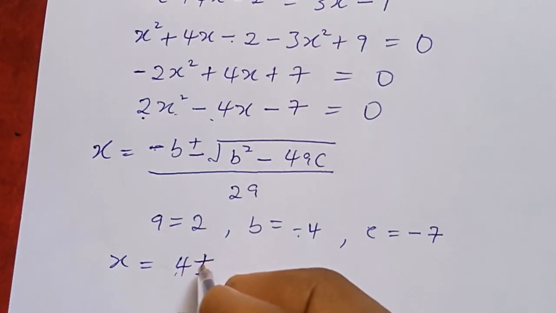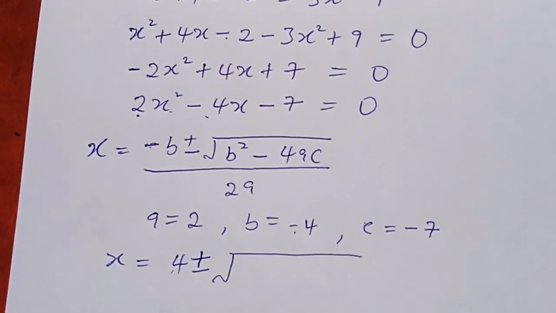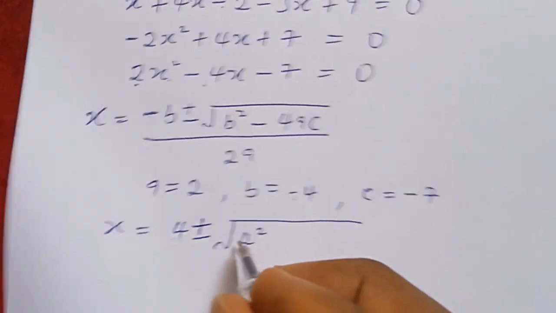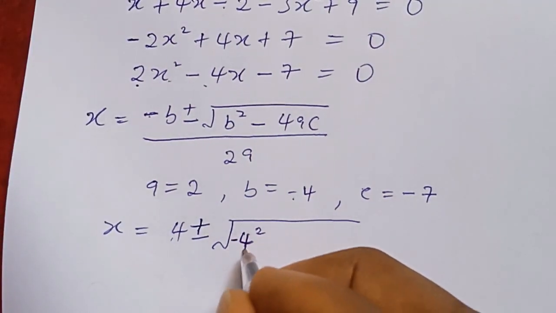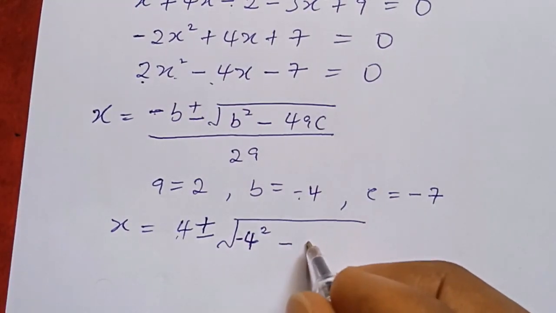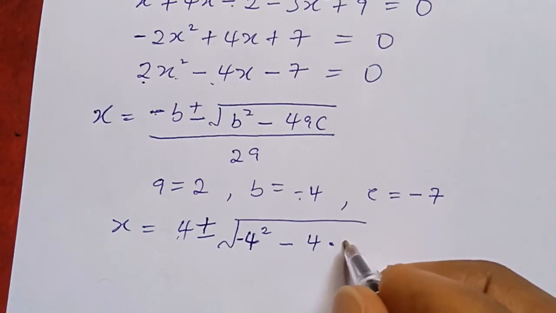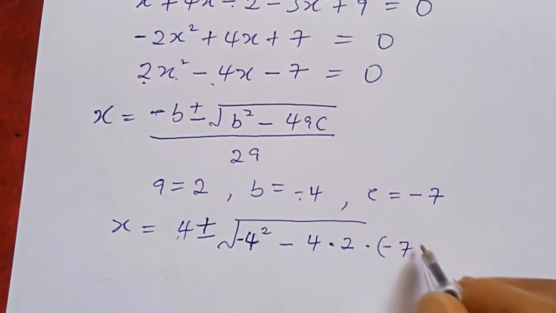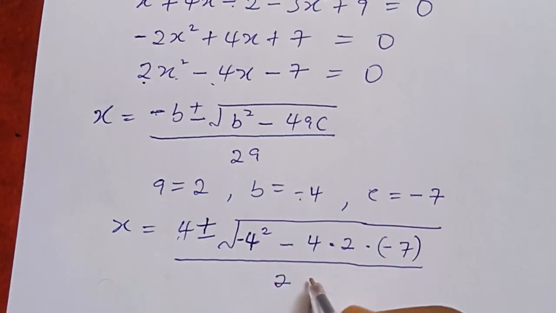So plus or minus 4 plus or minus square root of minus 4 squared minus 4 multiplied by 2 multiplied by minus 7, all over 2 multiplied by 2.